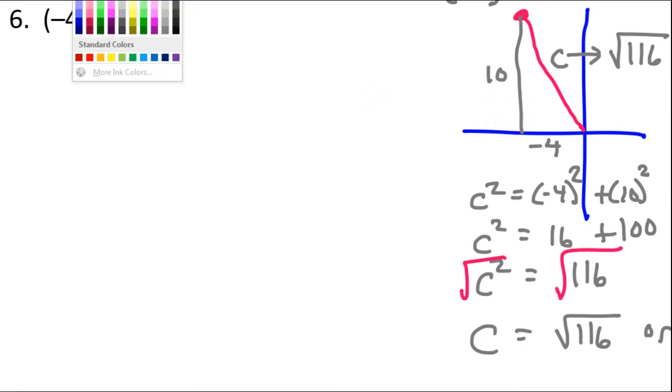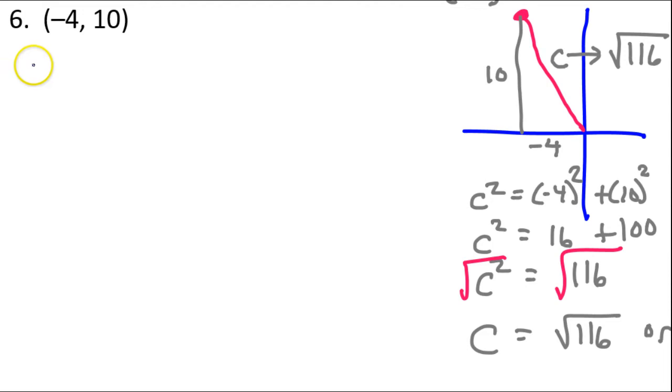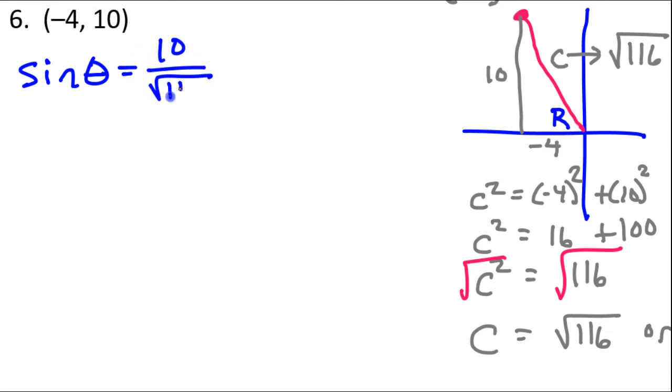So I can now do all of the functions. So if I want to do sine, looking at this angle right here, but using these numbers, it'll actually be theta. Sine of theta would be opposite over hypotenuse, so that would be 10 over radical 116.